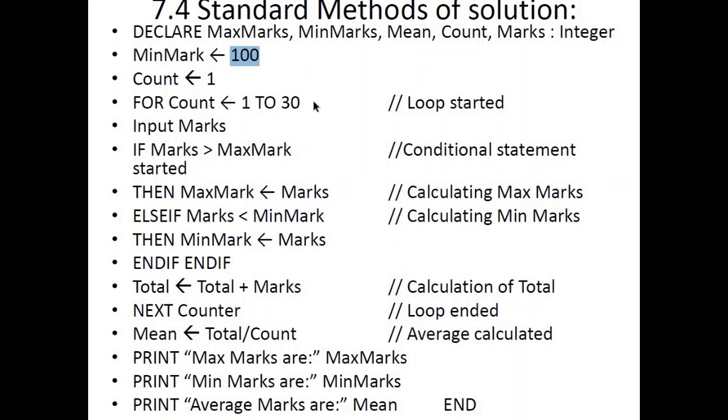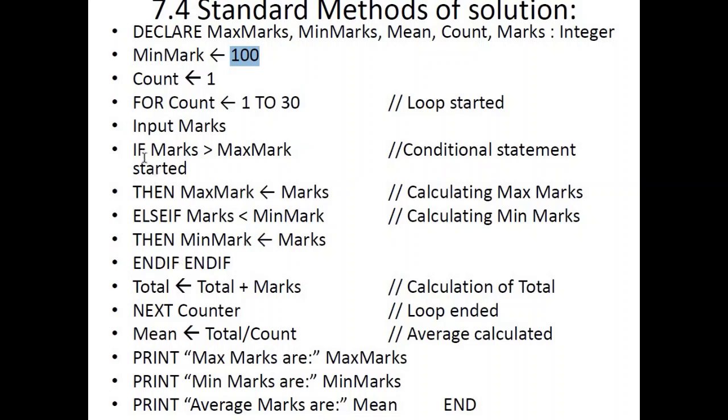So that means at the end of the program, when you print the values, the minimum marks would be shown as 0, which is wrong. You should get 5. So that is why we initialize minimum or the least value with a very big number, so that logical or mathematical comparisons can be made easily.